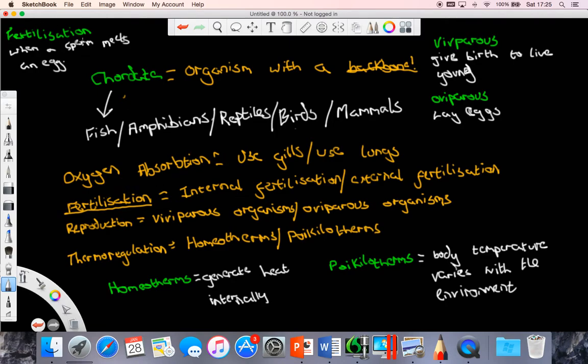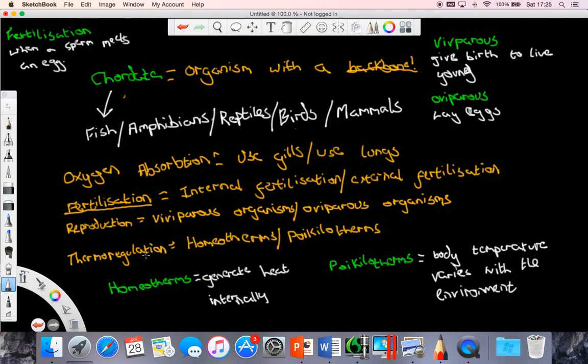Fertilization, which is when a sperm meets an egg, can happen both internally and externally. Fertilization for mammals is internal, whereas for amphibians and fish it's usually external fertilization. The way in which organisms reproduce, so viviparous, for example mammals, we give birth to live young. Okay, the baby comes out alive, whereas oviparous organisms, such as birds, lay eggs.